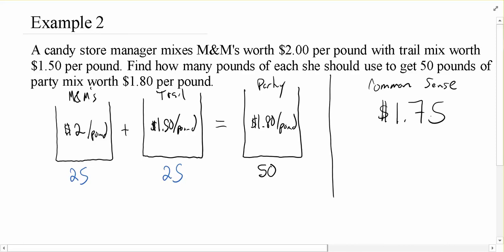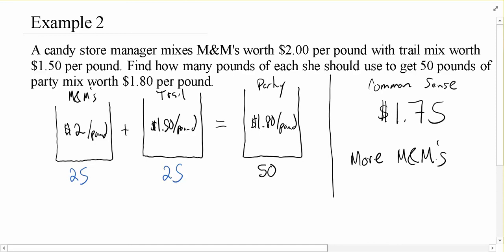So we got to say, all right, well, if I need to have a little more value to this mixture, do I want more of the cheap stuff, or do I want more of the expensive stuff? And if we want to raise the price of it, we want more of the expensive stuff. So if we're looking at charging $1.80 per pound, then we better have more M&Ms. M&Ms are worth more.